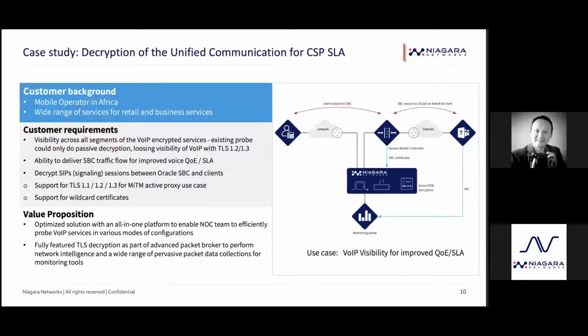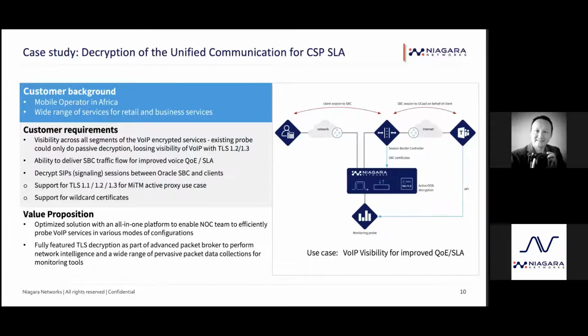What we did is before sending that session to the session border controller, that session was sent to the packet broker. The packet broker decrypted the signaling connection, created a copy of the traffic of this signaling connection, and sent it to a monitoring probe for inspection purposes and quality of experience measuring.